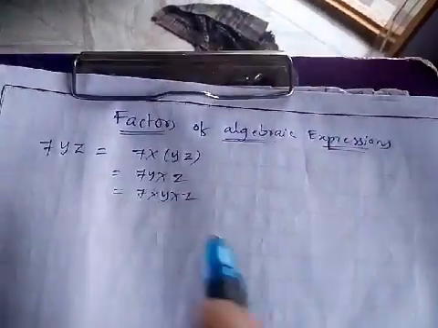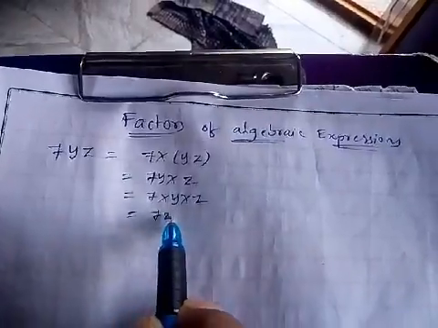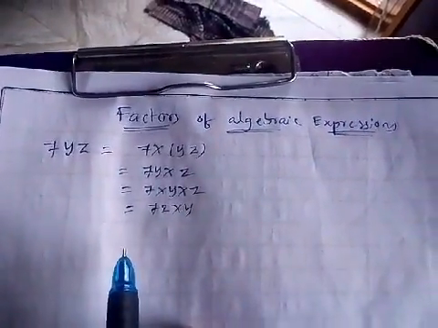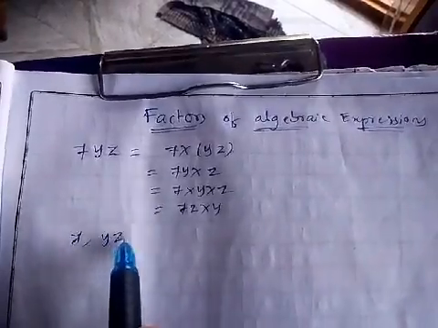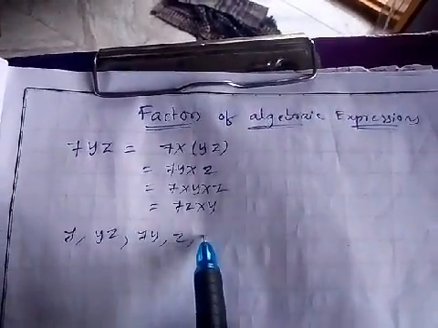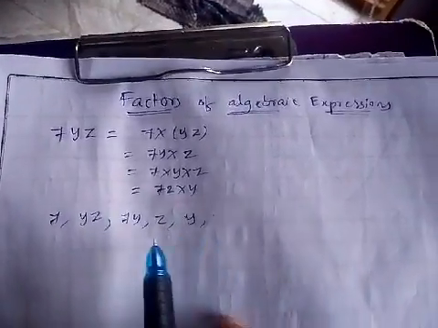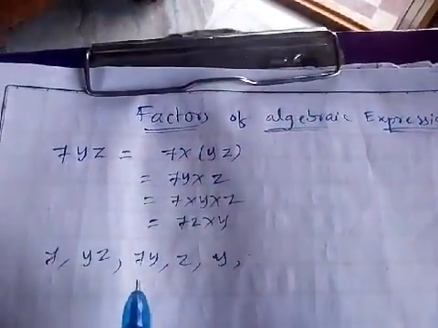One more way we can also write is 7z into y. So these are all the factors of 7yz.